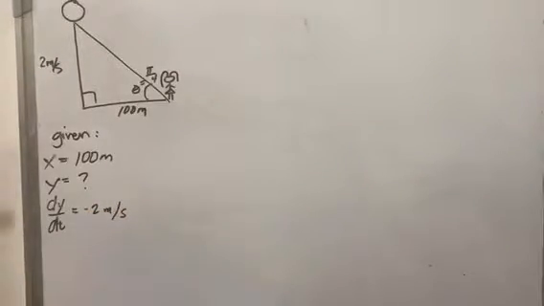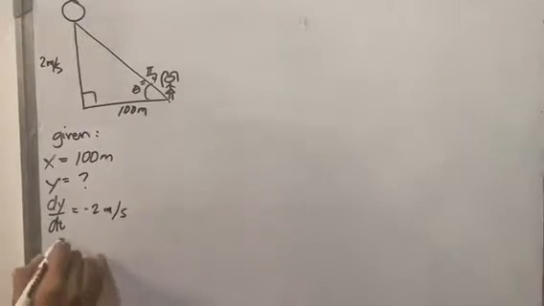Negative because as the ball is dropping, the y variable is changing or decreasing. So since the direction of the ball is going down, that would be a negative. So this is very important to remember always, to consider the direction of something.